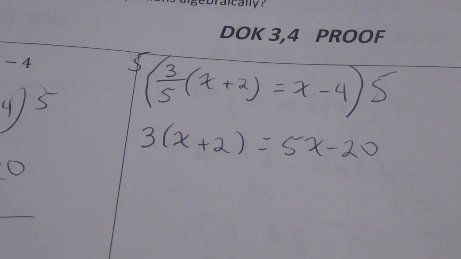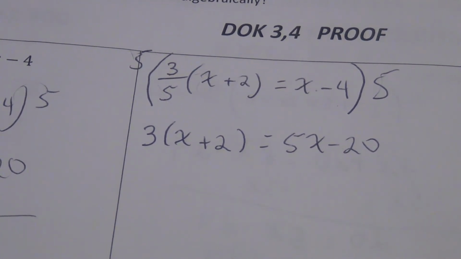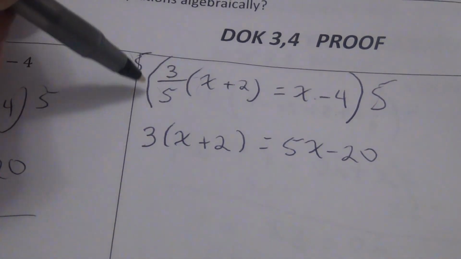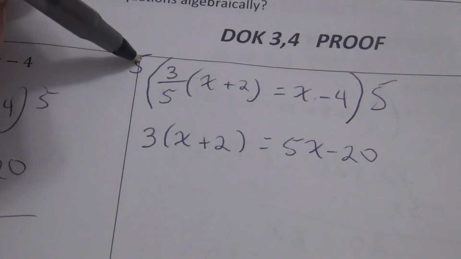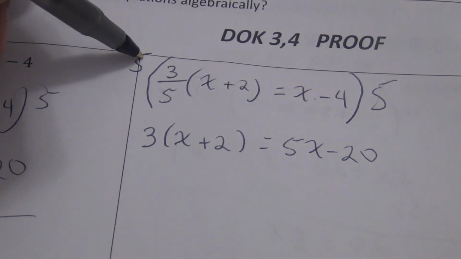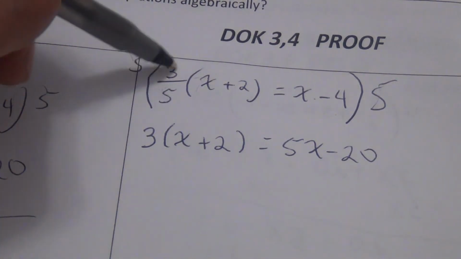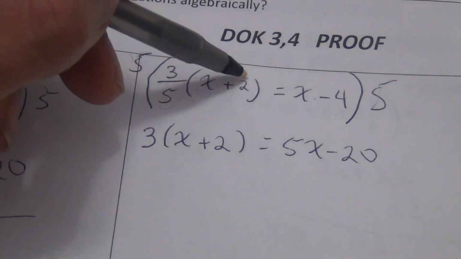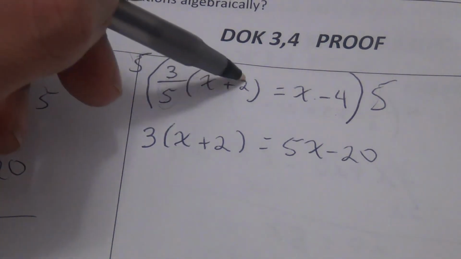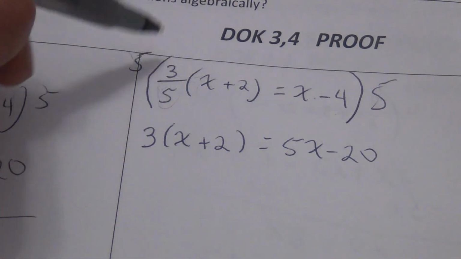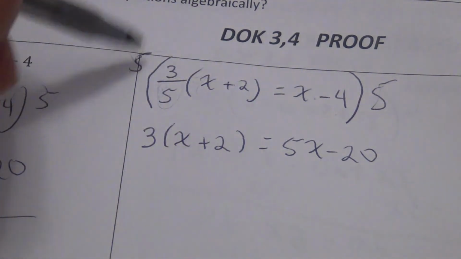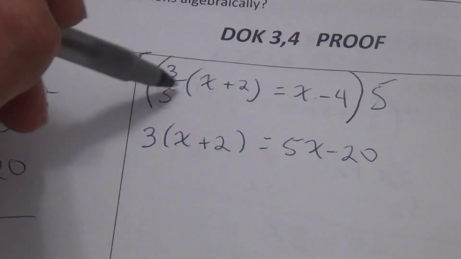So just hear me out. This is something that I'm just testing. So I did cancel out. I cannot go and multiply by this and then multiply by that and multiply by that, because this is the distributive property right here. So I'm multiplying the whole thing by 5, but this is already gonna get multiplied by 3 over 5.